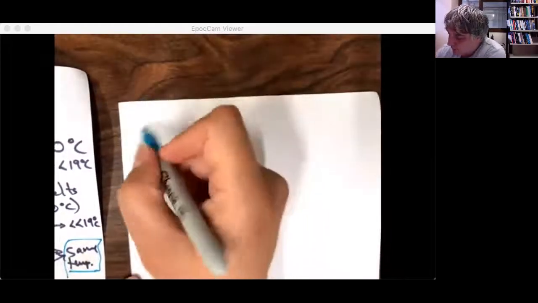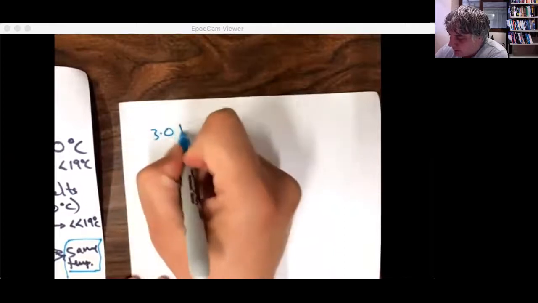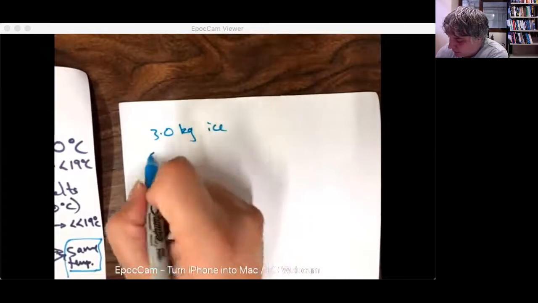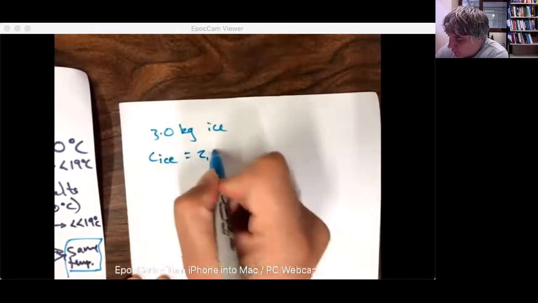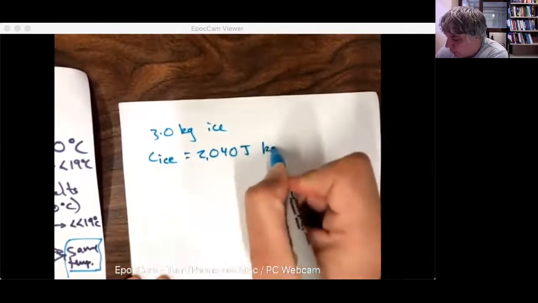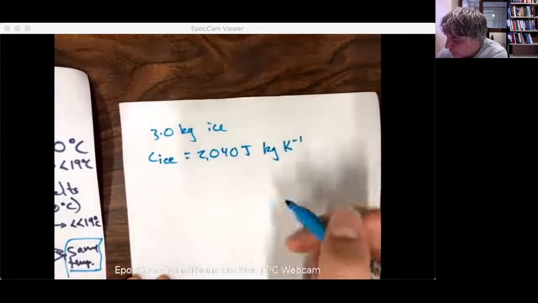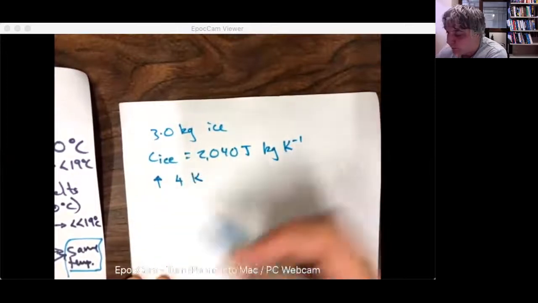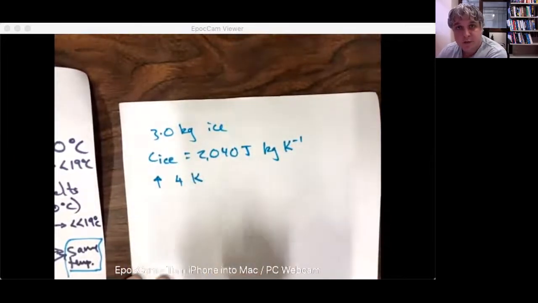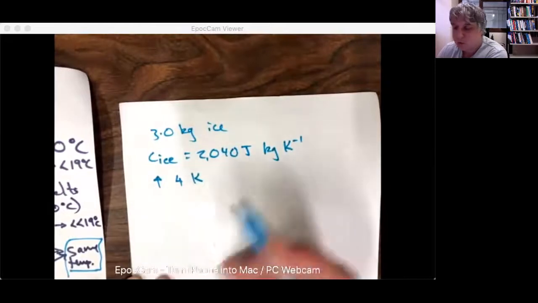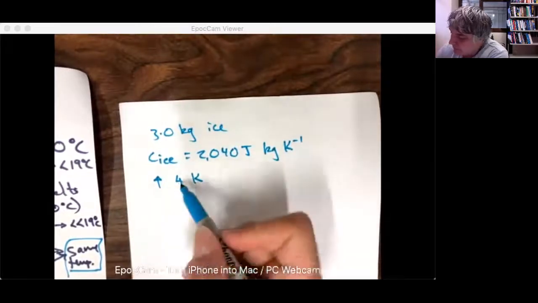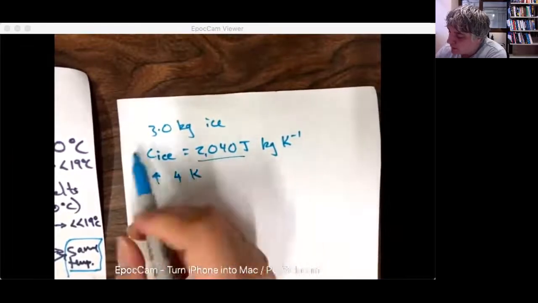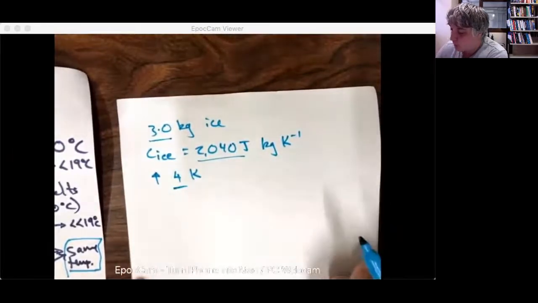So if we have 3 kilograms of ice, and each kilogram of ice takes 2040 joules per kilogram per Kelvin, and we want to go up by 4 Kelvin, because we're going from -4C to 0C, which is a change of 4 Celsius, the same as a change of 4 Kelvin, then we need this much energy for each of these kilograms 4 times.